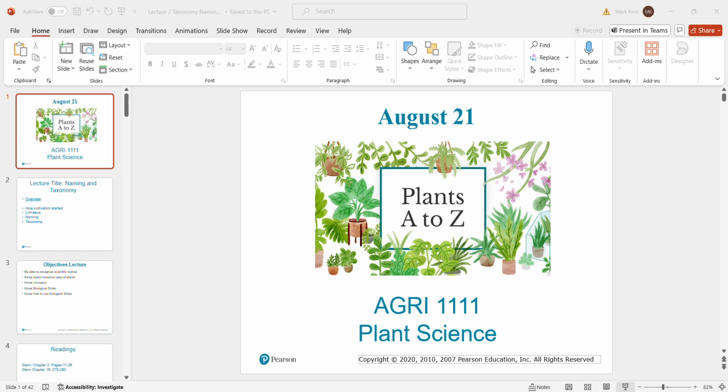Nomial means name. So binomial means two names. All plants have a scientific name composed of two Latin names known as a genus and a species. Carl Linnaeus is still known today as the father of taxonomy, and he created this system back in 1753, and we still use this today.